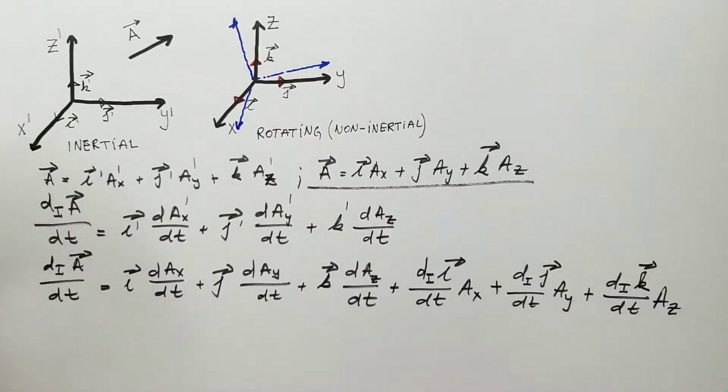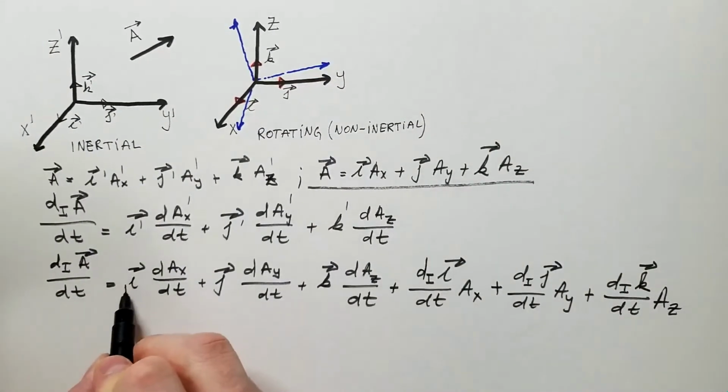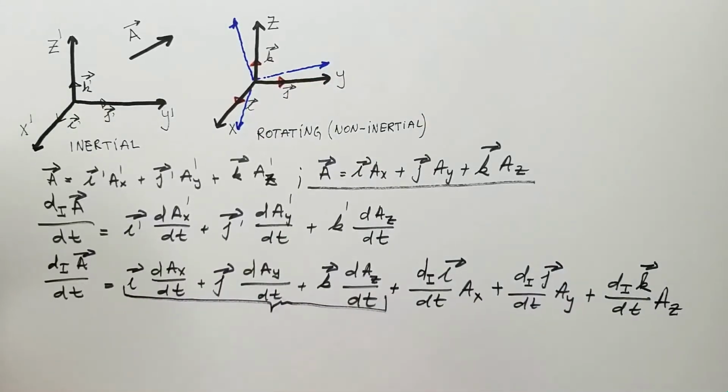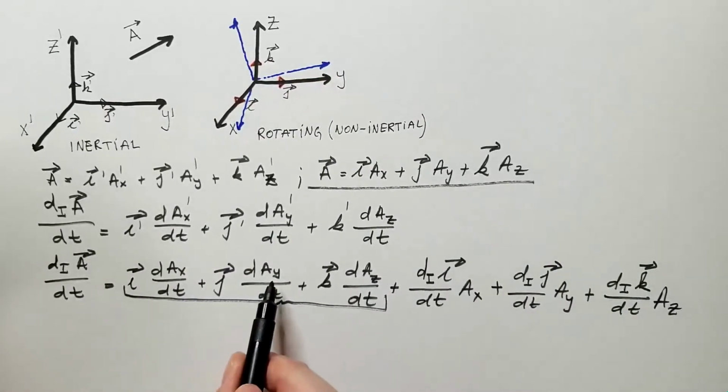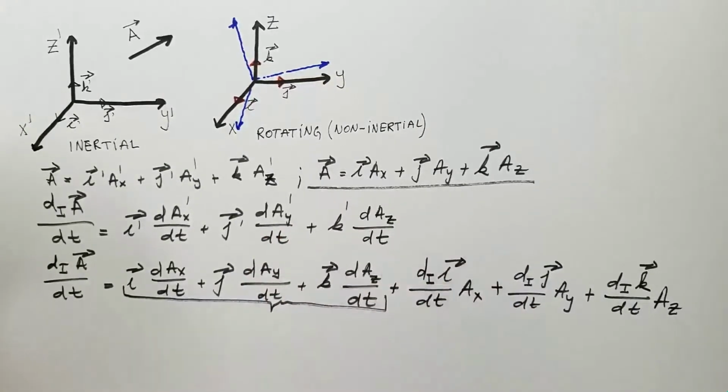Now kindly notice that this over here is simply the differentiation of vector A in the rotating coordinate system.